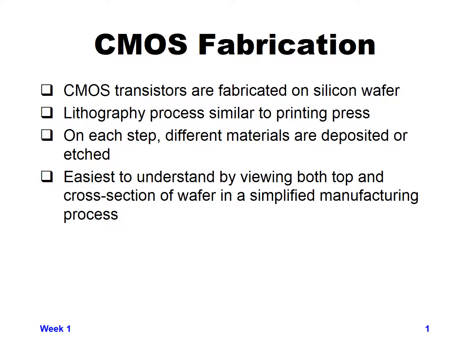For each step, we're either going to deposit different materials or take away different materials in order to construct a set of connections and all of the different source and drain regions and everything that we need in order to produce the transistors and the connections between the transistors.